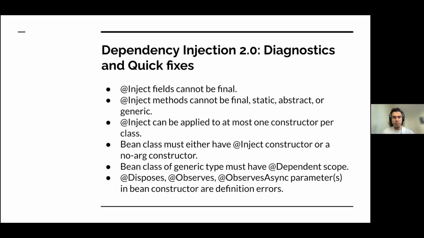A managed bean class must either have an inject constructor or a no argument constructor, otherwise the language server will throw an error. A bean class of generic type must have a dependent scope specified. Any parameters that have annotations such as disposes, observes, and observes async in a bean constructor are shown as an error by the language server. Next slide.